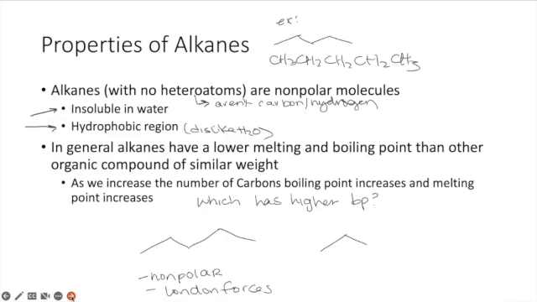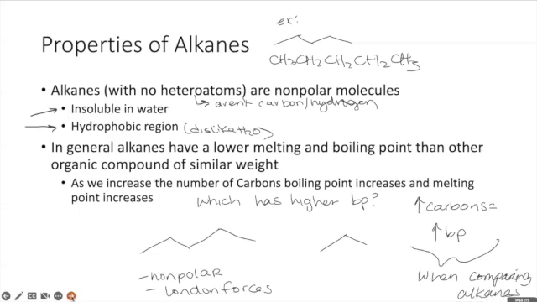An increasing amount of carbons increases the boiling point when we compare alkanes. So this molecule would have a higher boiling point as opposed to this molecule. This molecule has 3 carbons, and this molecule has 6 carbons. 1, 2, 3, 4, 5. I'm sorry, 5.